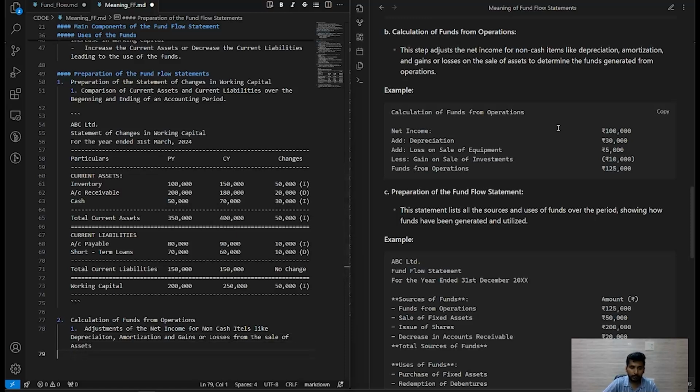Okay, so let us just try. Here, we will calculate the fund from operation. These are all hypothetical figures just to make you aware of the format. That is why they are used.